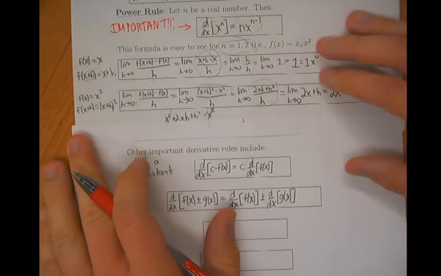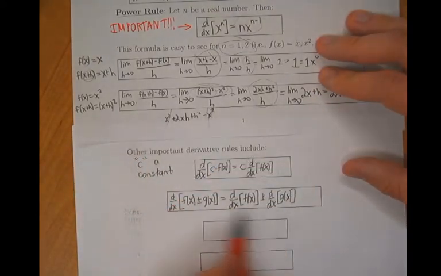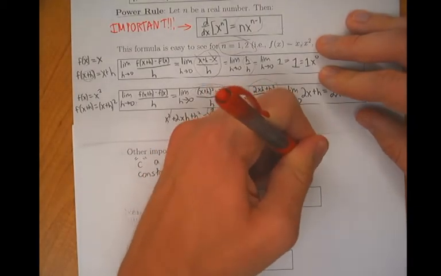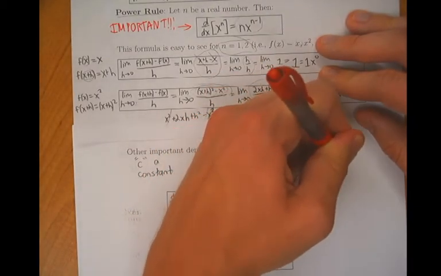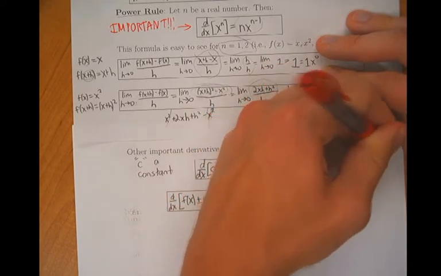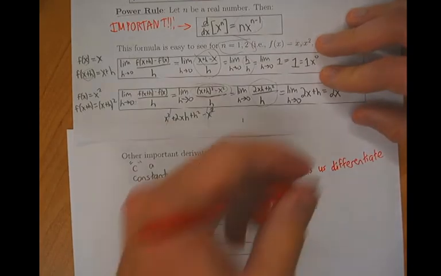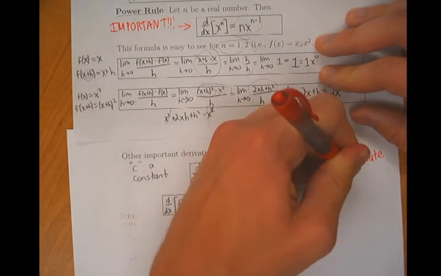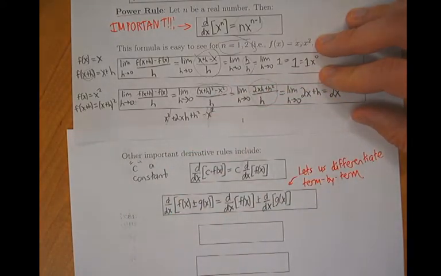So, to be a bit more loose with it, what this formula allows us to do is differentiate term by term. All right, so that's another important one to know.